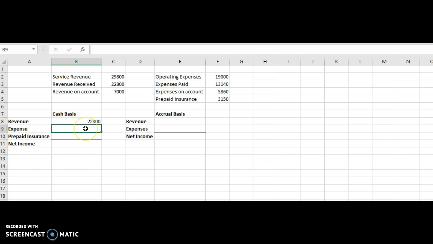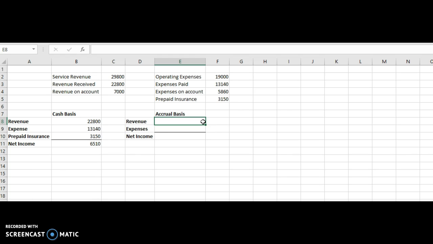So the expenses that have been paid for would be the $13,140, including the prepaid insurance, which is $3,150. And so we just do revenue minus expense minus the prepaid insurance, and we get $6,510 for that.